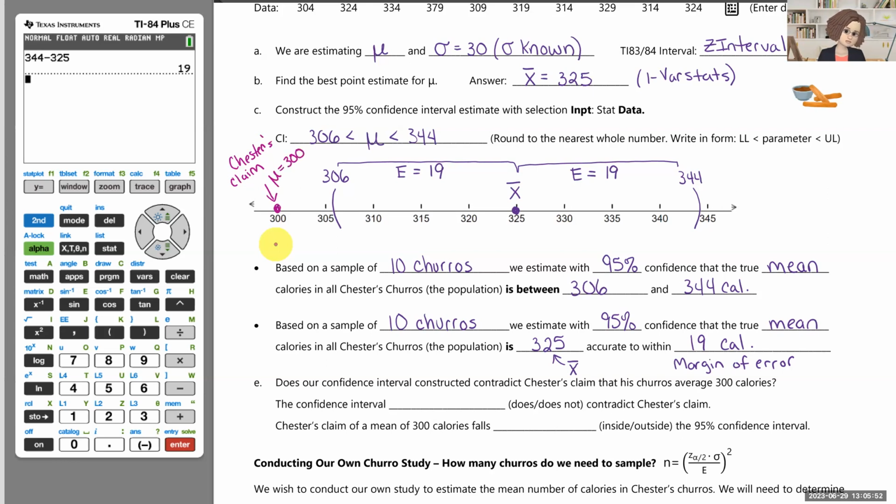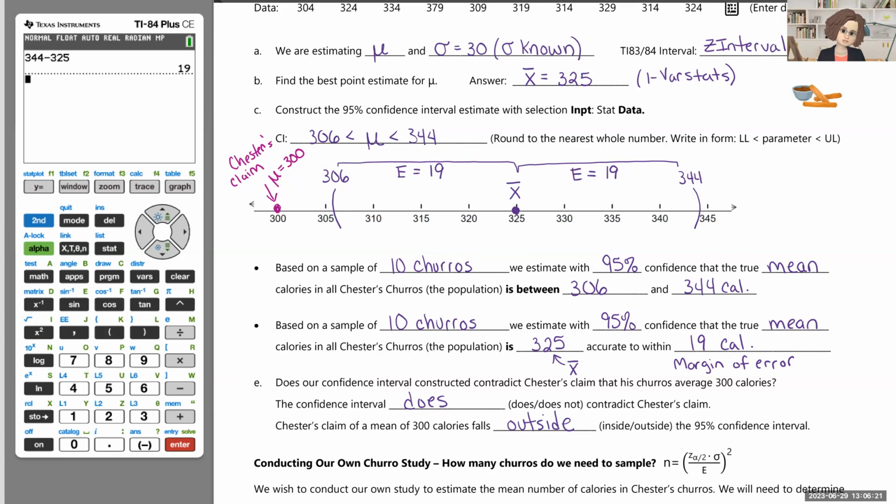So it appears we do have a contradiction here. We think the mean is between 306 and 344. So he is giving us a value outside of our interval, causing a contradiction. So the confidence interval does contradict Chester's claim because 300 falls outside of our 95% confidence interval.